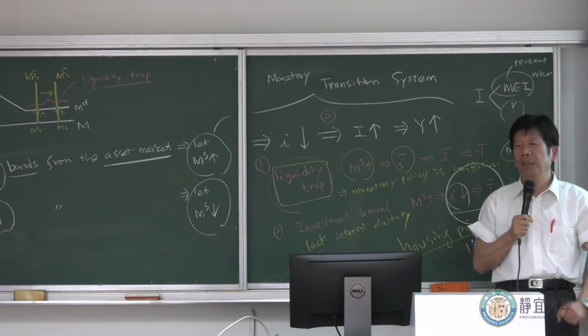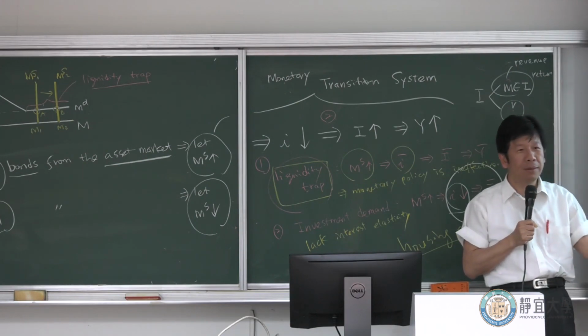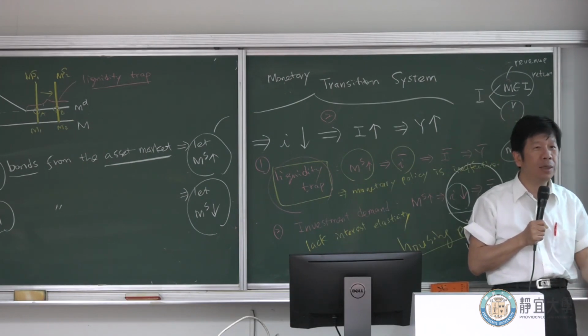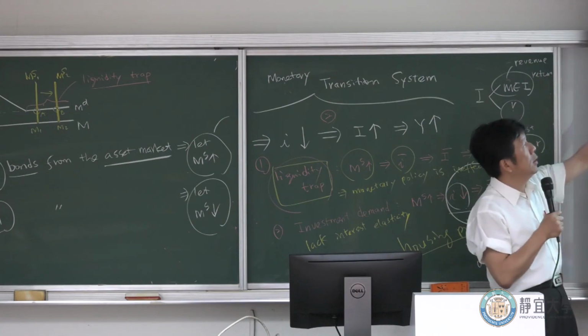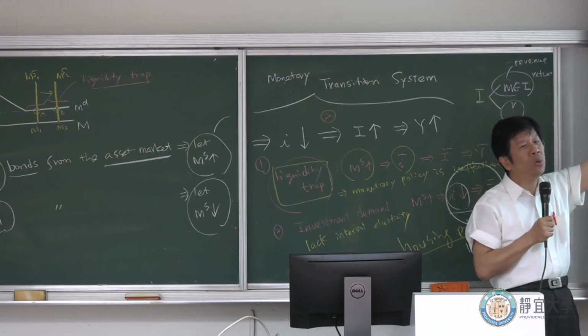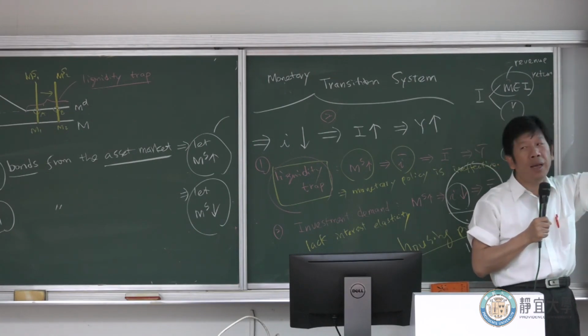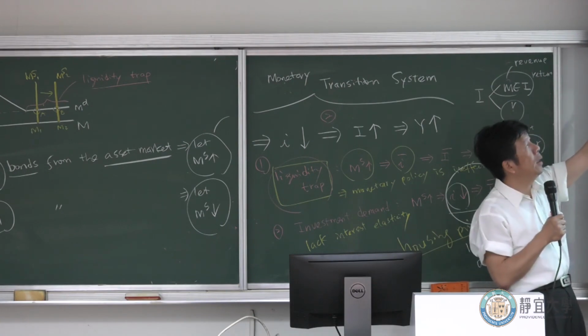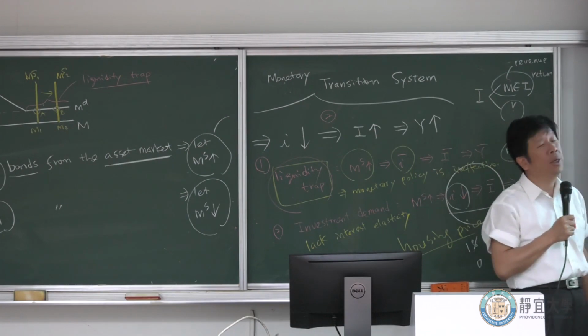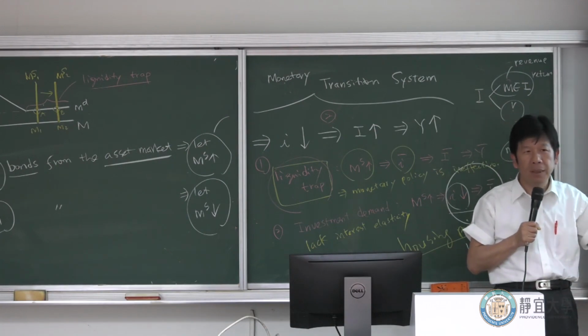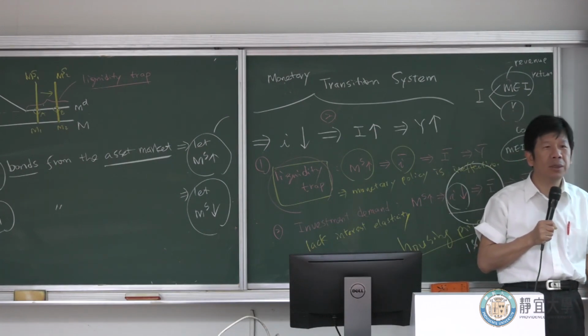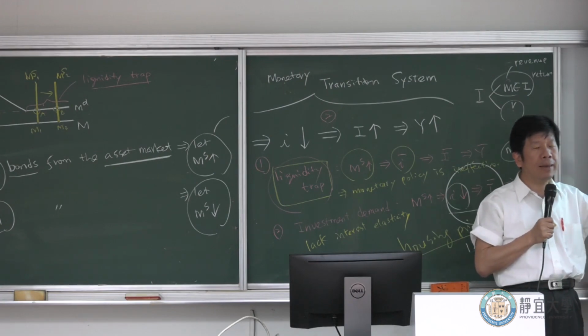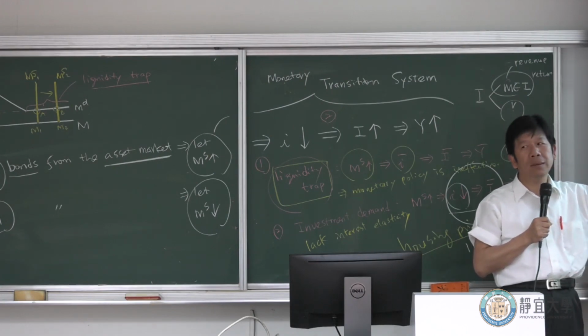It means they don't like, they don't want. So it means the banks don't want to lend money to people. Reluctant means don't want, or don't like to do something.